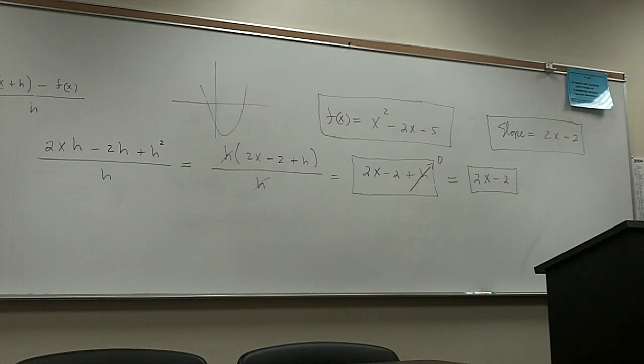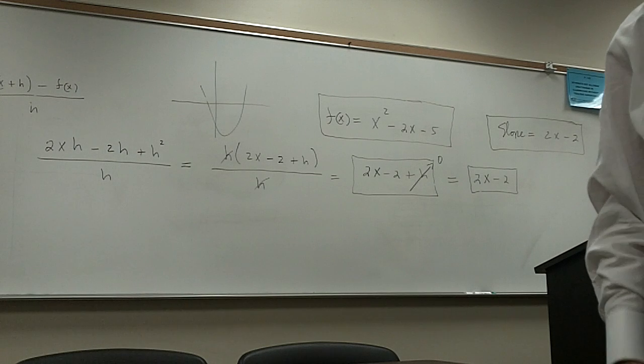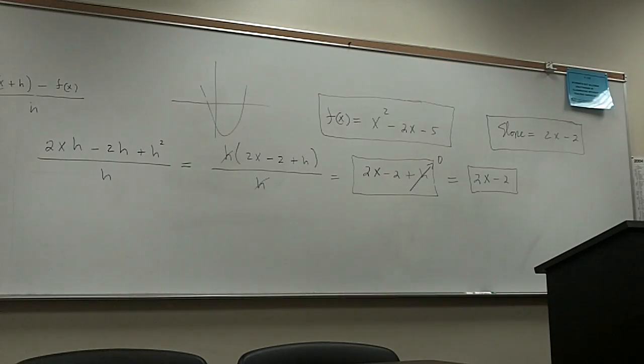Does that make sense? So what does a line with a slope of zero look like? A straight line. It's flat. It's just like this.